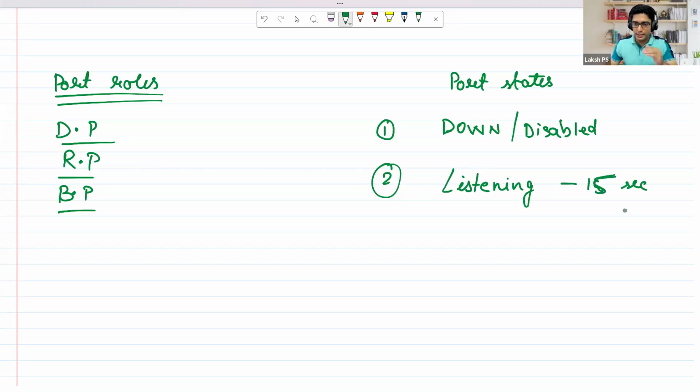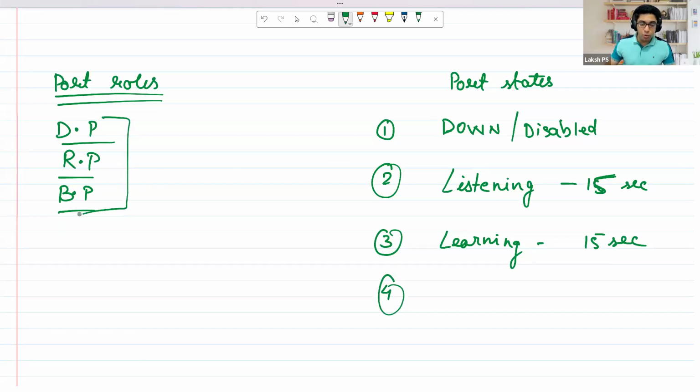Once these 15 seconds are over, it moves into the learning state. That interface also remains in the learning state for the next 15 seconds. Once this 15 seconds is also crossed, it goes into any of these states based on the situation.